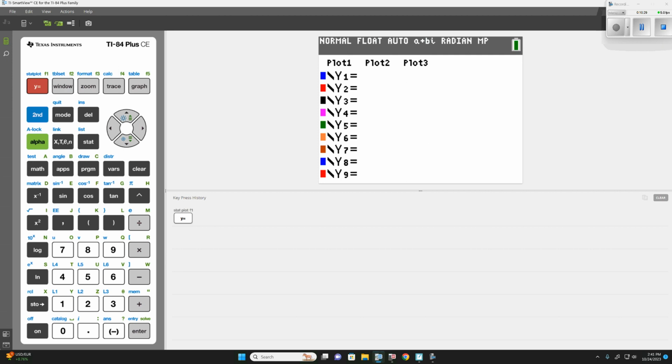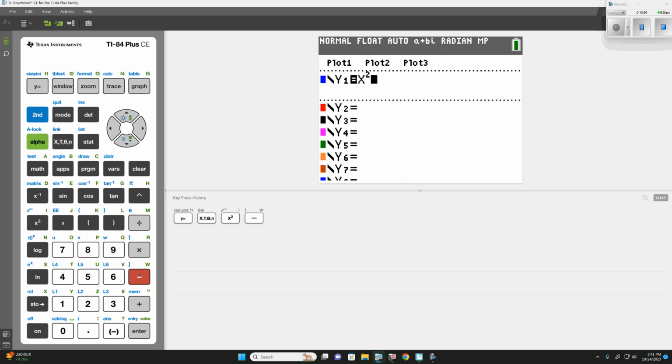So the first thing we're going to do is hit our button for x. It's the button that's actually X, T, theta, n, the one next to alpha. Then squared, minus x, minus 6.